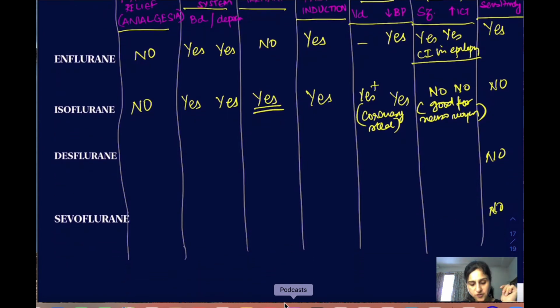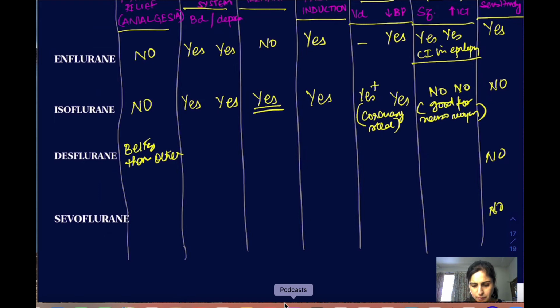Next is desflurane. Actually, its analgesic effect is also not much, but if you compare, it is better than others, but not sufficient. So out of all of these, the one which has some amount of analgesic effect, the best analgesic, is desflurane.